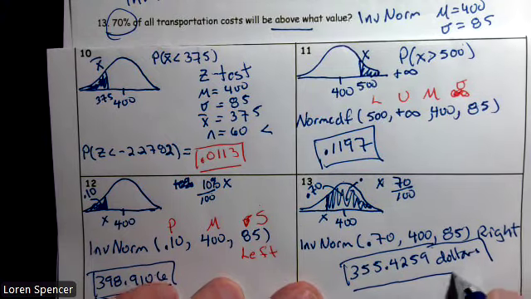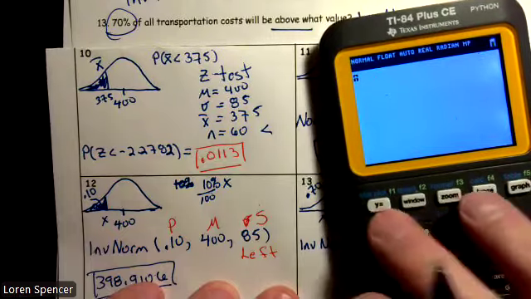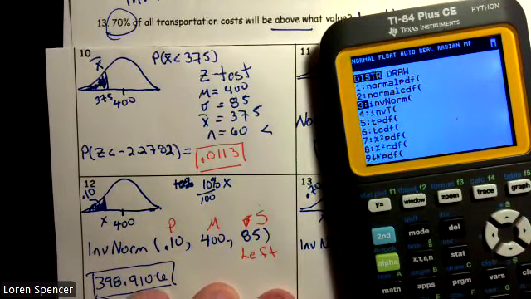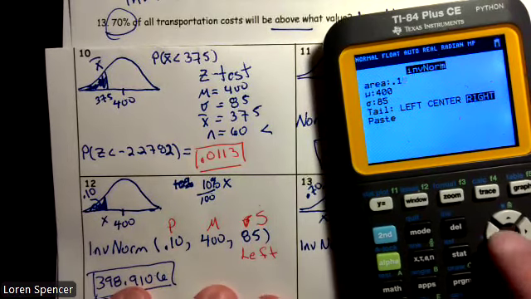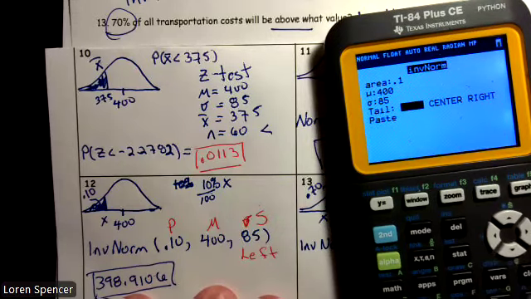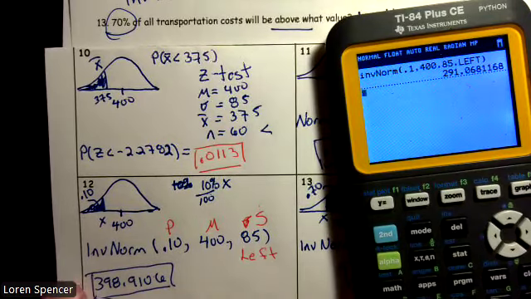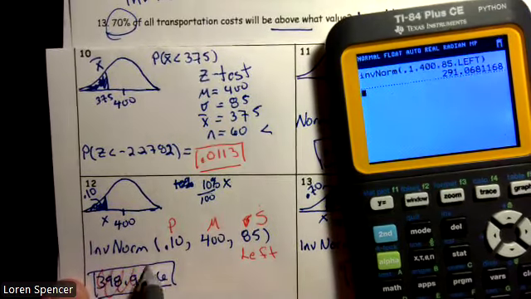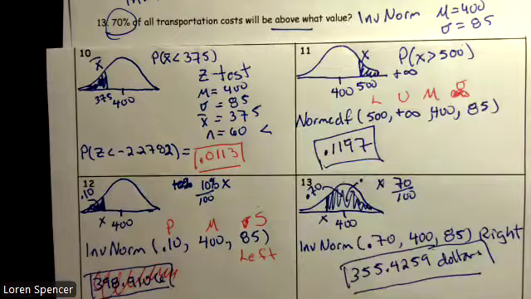I need to go back and look at problem 12. I think we have a typo in there, I just discovered. Second vars, inverse norm. Area, 0.1. Mean of 400. Standard deviation, 85. And we shaded from the left. I accidentally had 0.85, so I need to make a change. And this value right here is going to change to 291.068.